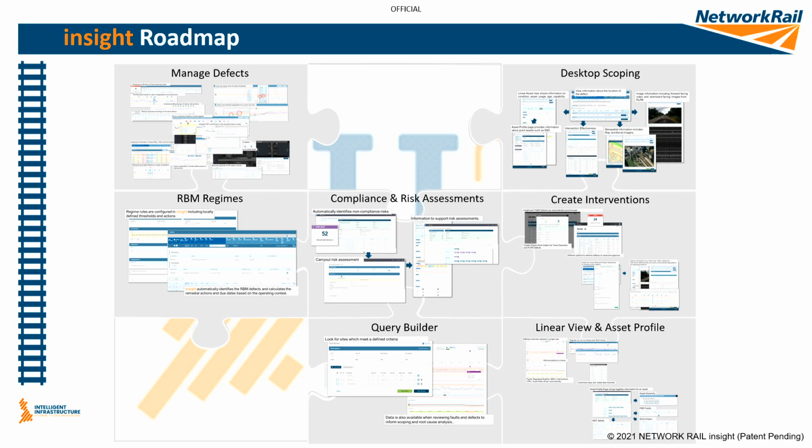And then in the top corner there, we're looking at how we can use that information to help with what we're calling desktop scoping. If you've got a defect and you need to plan your work, you need to understand what's going on, we can see that linear view.